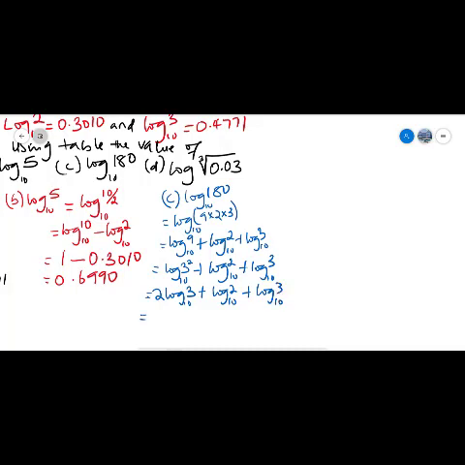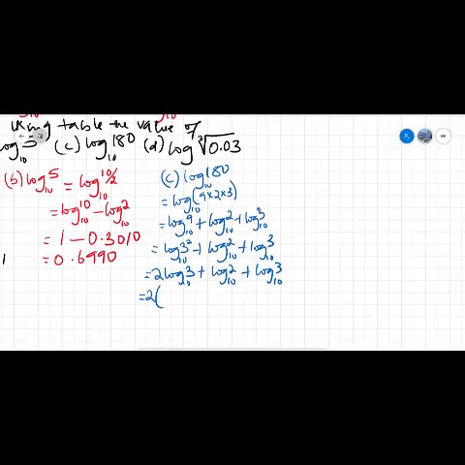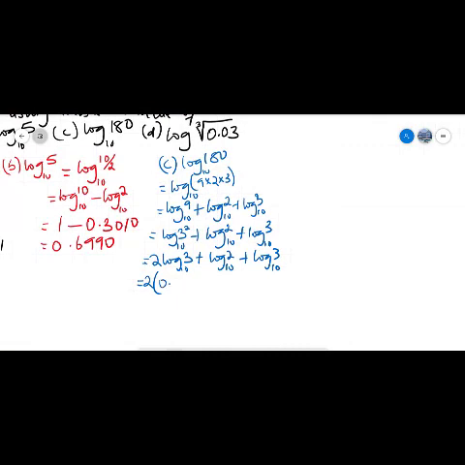This would give me 2 times, remember that I've already been given the value of log 3, which is 0.4771, plus the value of log 2, which is 0.3010, plus the value of log 3, which is 0.4771.